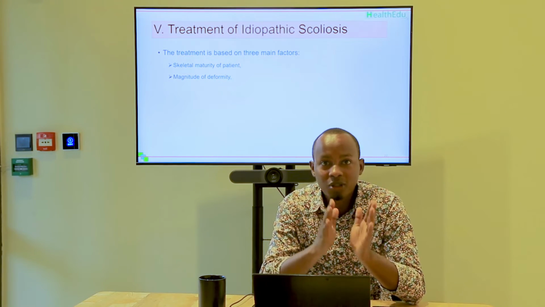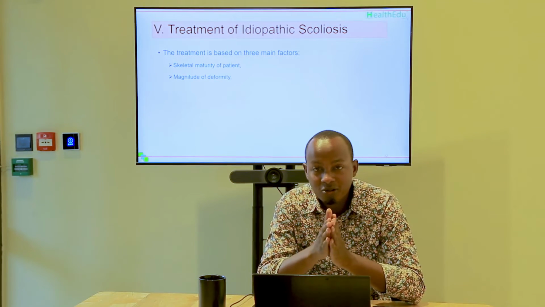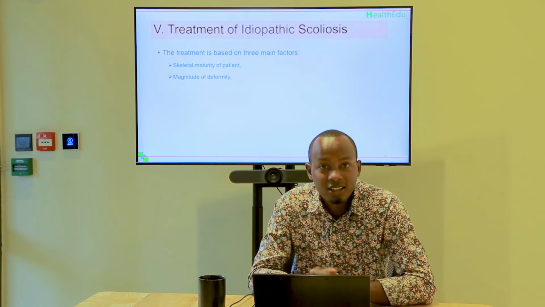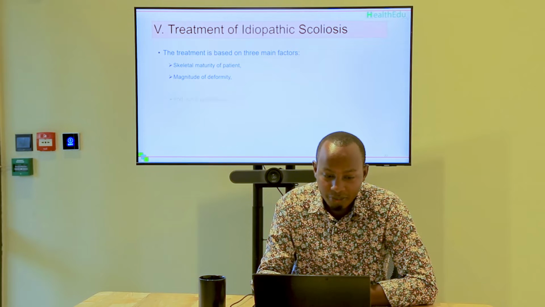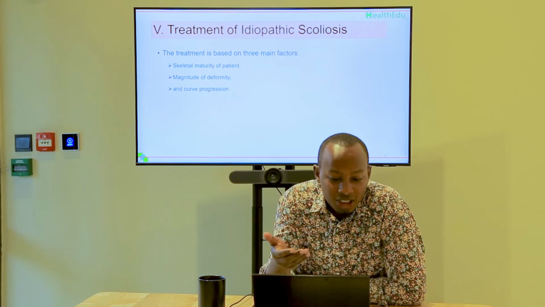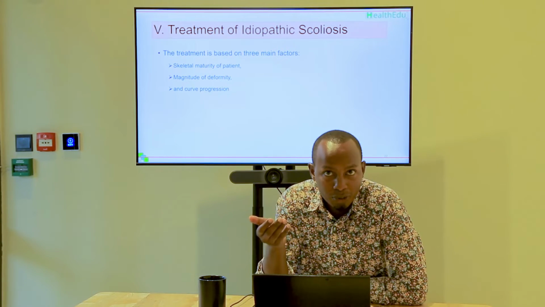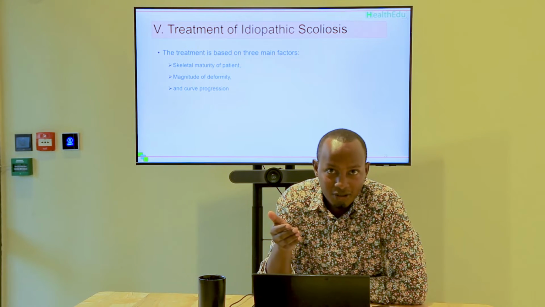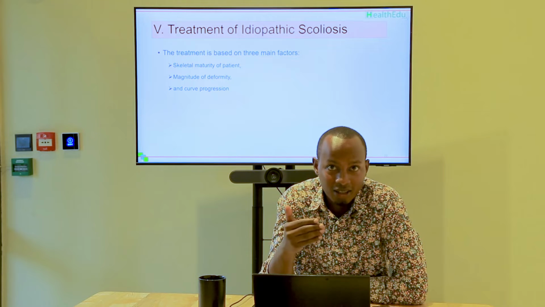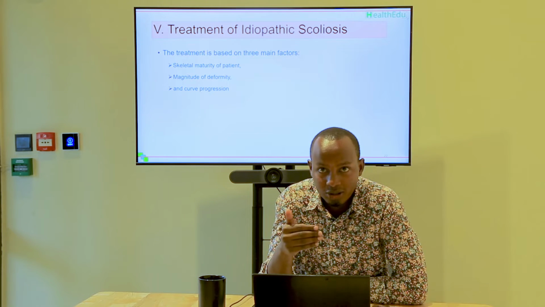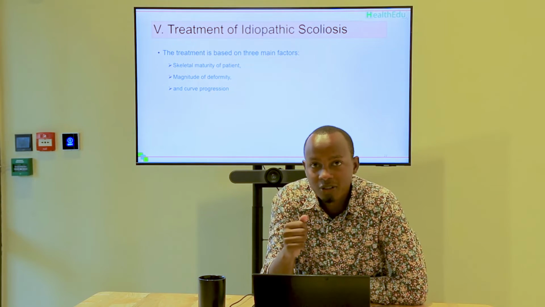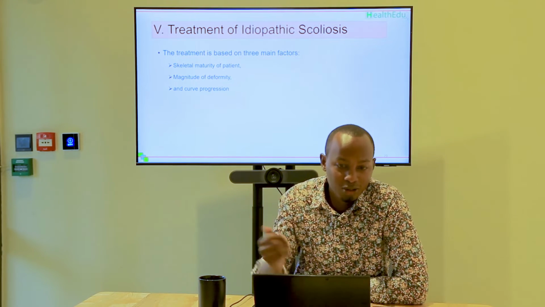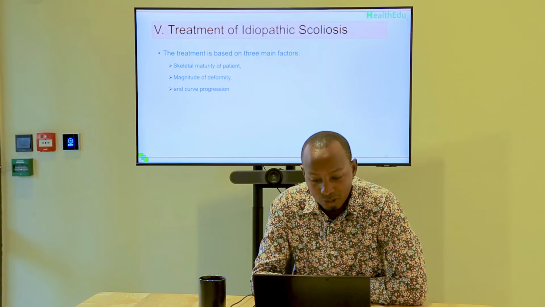We know if the patient is less than 45 degrees, maybe 20 degrees, so we have to identify that magnitude of the deformity. And we have to see if the patient has a curve progression tendency. Because if the patient has 35 degrees and is very young, and hasn't yet reached skeletal maturity, for example in juvenile scoliosis, they have a tendency to have curve progression.